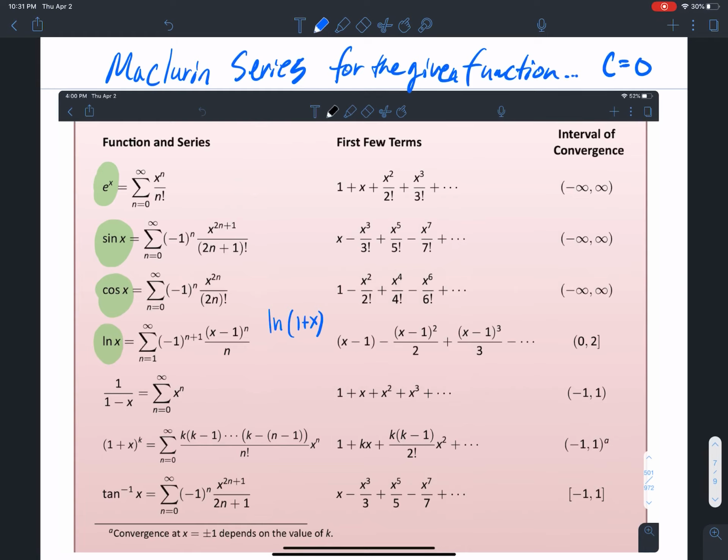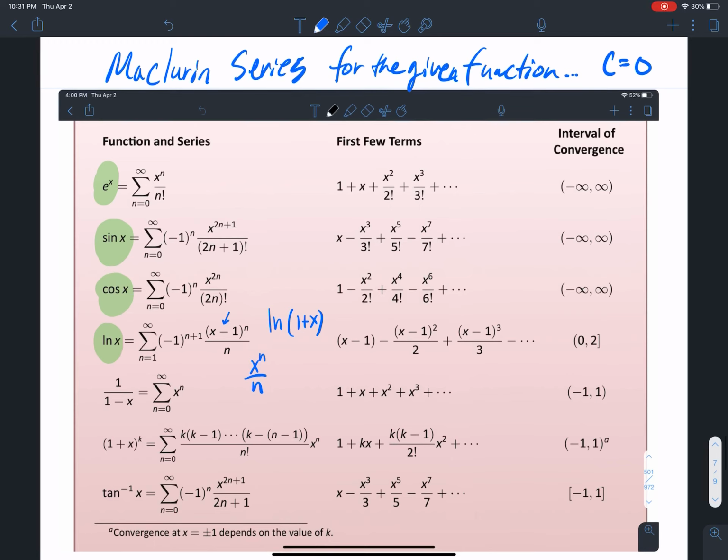And when they do that, this just becomes x to the n over n. So that's your difference there. Your series still looks like this here, but they just put the plus 1 there. This one, for whatever reason, they didn't do the plus 1. So it's okay, it's still the same thing.